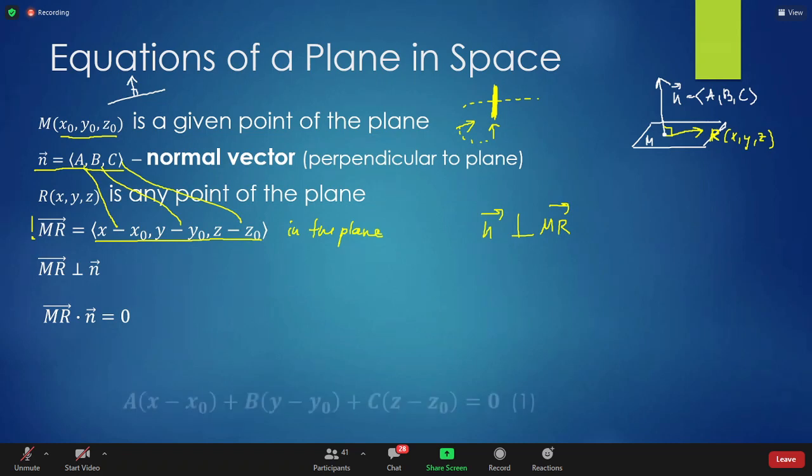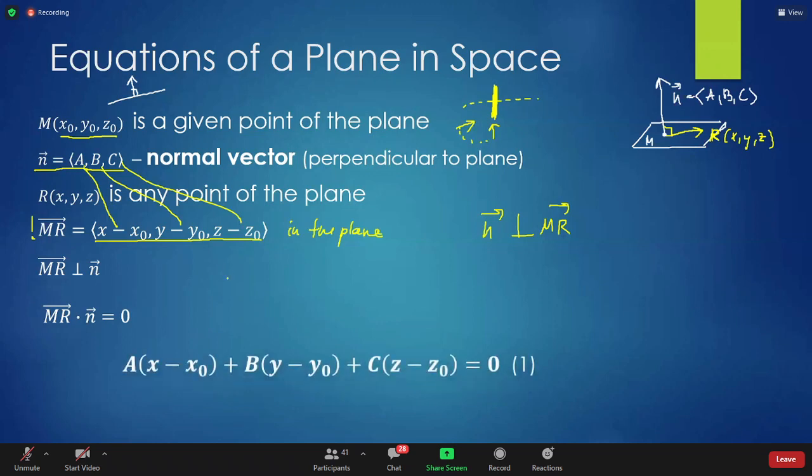So we get A times x minus x0, that is x coordinate of normal vector times x coordinate of vector MR, plus B, which is the y coordinate of the normal vector, times y minus y0, which is the y coordinate of the vector in the plane, plus similarly C times z minus z0. So that would be the first kind of equation of a plane in space. This means that from this equation we can read two things.